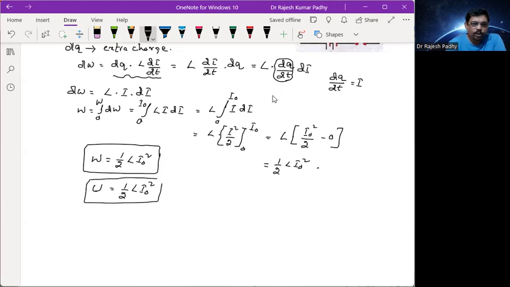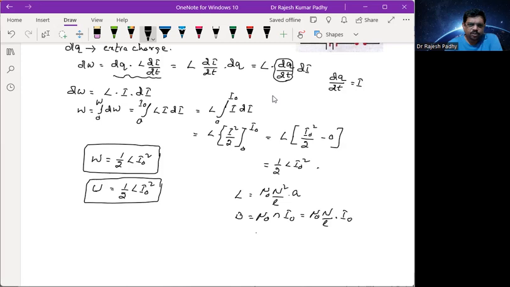Now, let us see in what form this energy is stored. We know the coefficient of self-induction L is equal to mu 0 n square by l, whole into A. Again, we know the magnetic field B inside a solenoid is equal to mu 0 into n into I, or mu 0 N by l whole into I. Now, if the maximum current is I0, then B equals mu 0 N by l into I0.